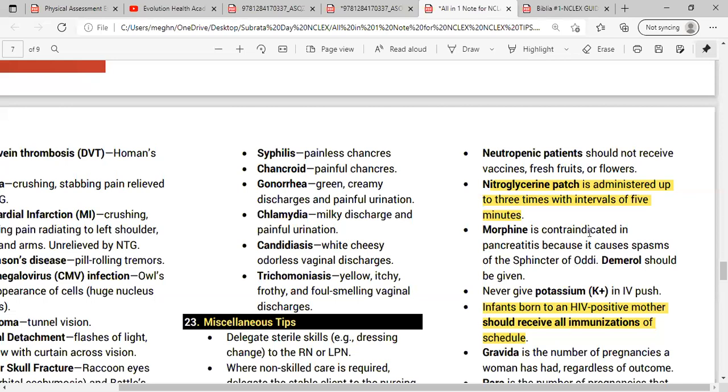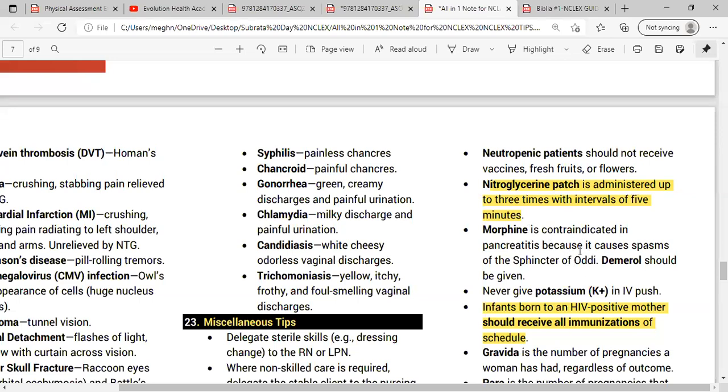Morphine is contraindicated in pancreatitis because it causes spasm of the sphincter of Oddi. The patient who has pancreatitis complains of severe pain. So we give them pain medication, but not morphine, because morphine can cause spasm of the sphincter of Oddi.